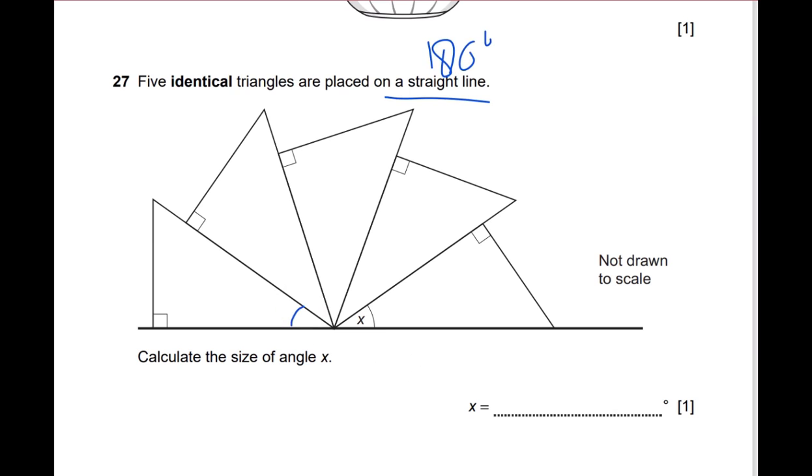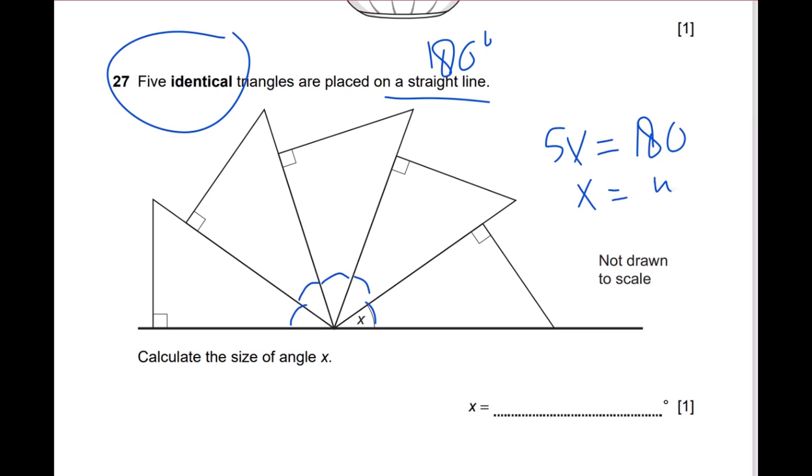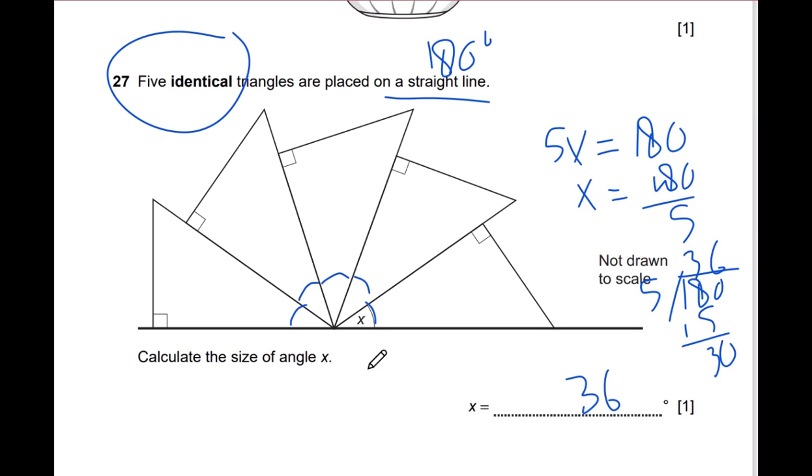We have 5x, and they're identical, so 5x equals 180. Now we find x: 180 divided by 5. 3, 15, 30, so 6. So it's 36. Right, guys?